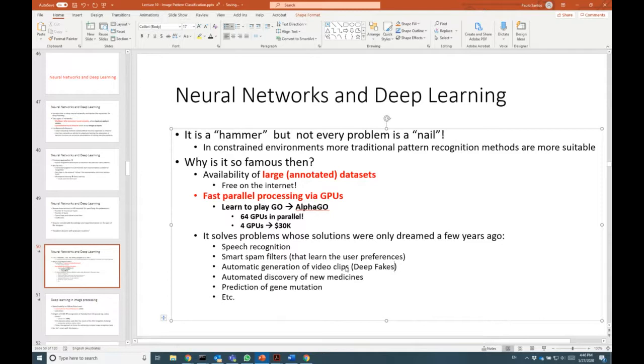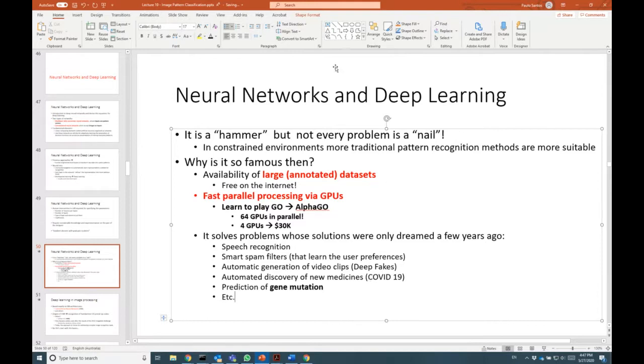We've all known deep fakes. Automatic discovery of new medicines. They are being used today for finding medicines for COVID-19. There are papers that are using deep neural networks for finding potential medicines to fight COVID. Prediction of gene mutation, a very important application, and many others.